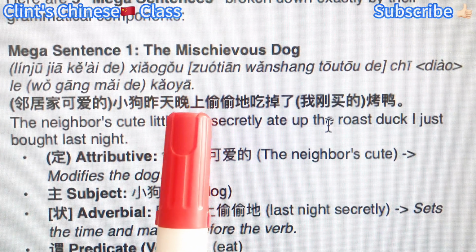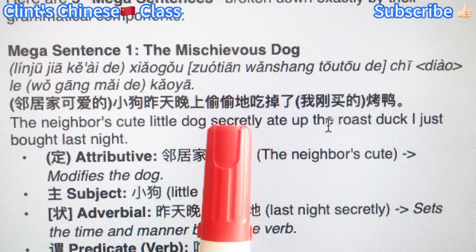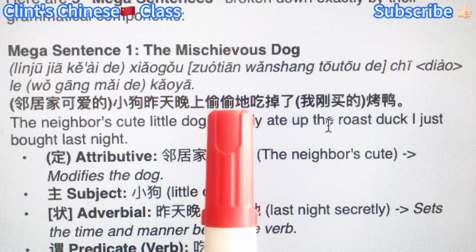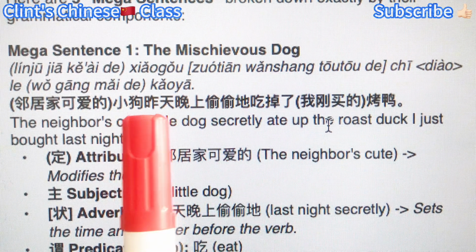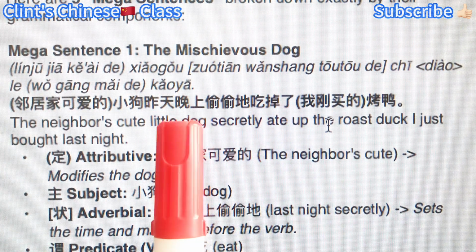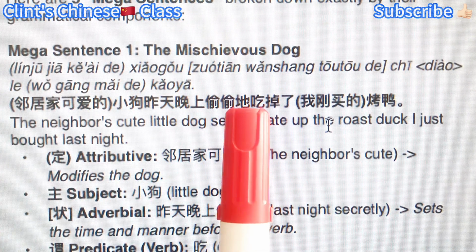So this is a time adverbial, 偷偷的 secretly. Right, this shows how the little dog ate. Okay, now adverb modify verb. That's easy to understand. Like yesterday evening secretly ate.